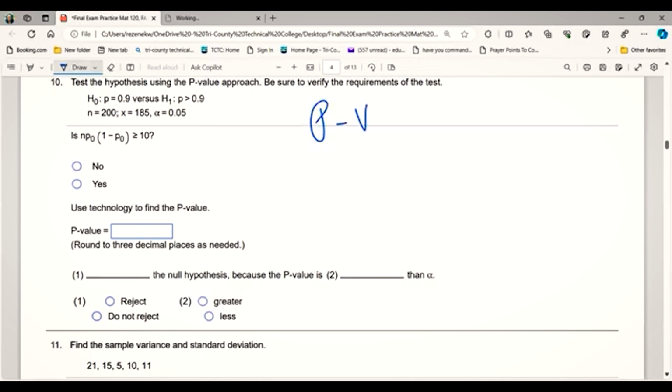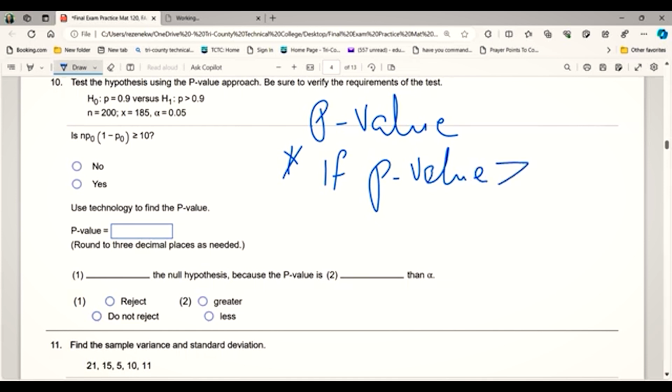Important: if p-value is greater than alpha, you accept the null hypothesis, H0, which is the status quo.